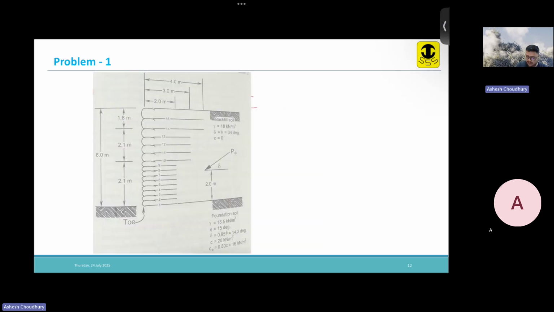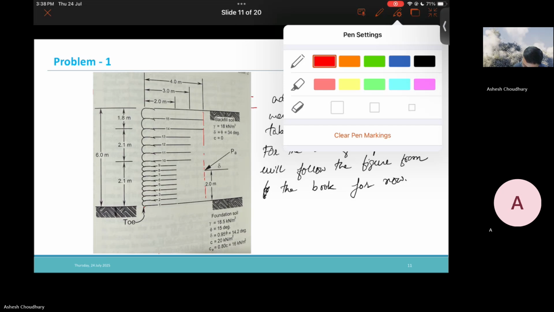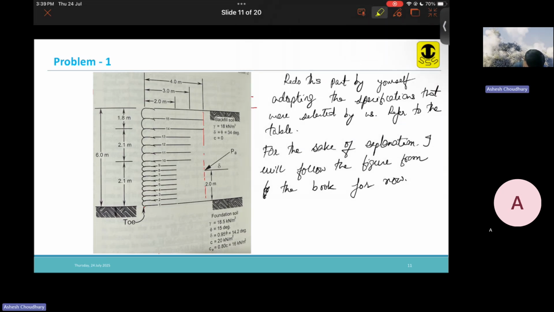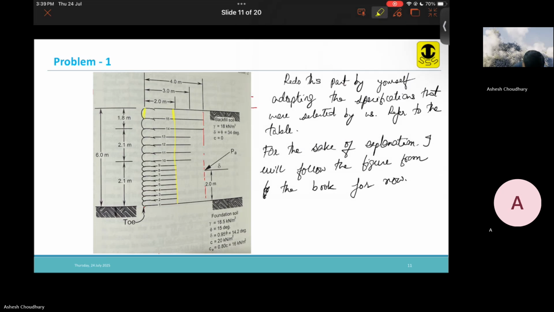Okay, now what is W1? W1 means the mass of this block.